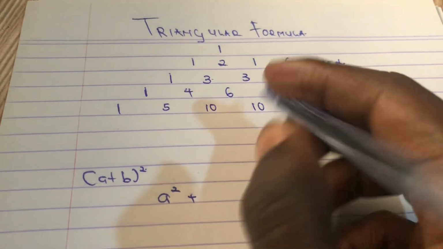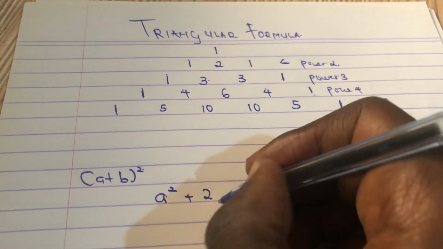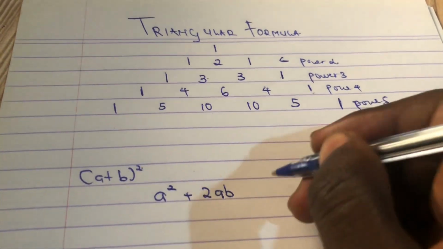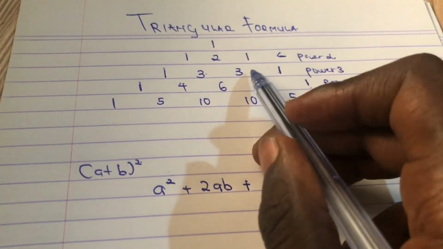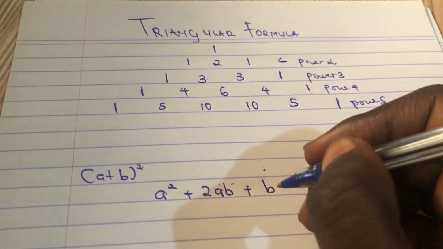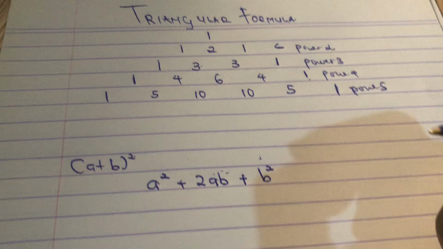So you start plus. Here we have 2, so you first write 2, a now comes to the power 1, and then b comes in. Then you continue to the next one, which has 1, so it will be b. b gains, a loses and becomes to the power 0, and b goes from the power 1 to the power 2.